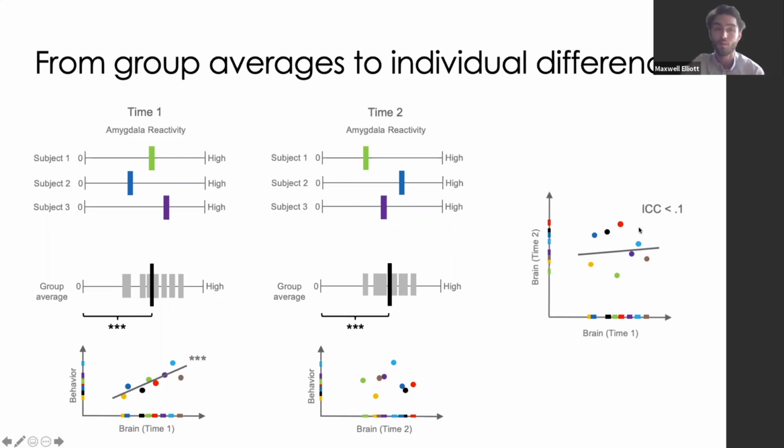It's very similar to just a Pearson correlation between time 1 brain activation and time 2. So in this case, the reliability of individual differences was very, very low. ICC ranges from 0 to 1, and we had an ICC that was less than 0.1. So you can have unreliable between subjects effects despite very robust within subjects effects.